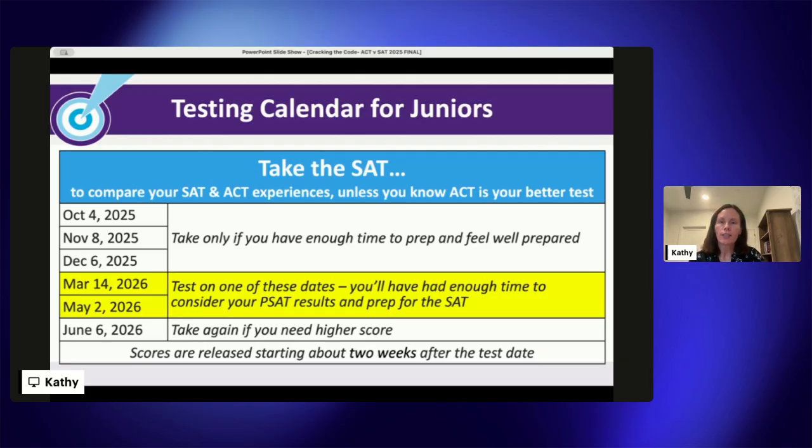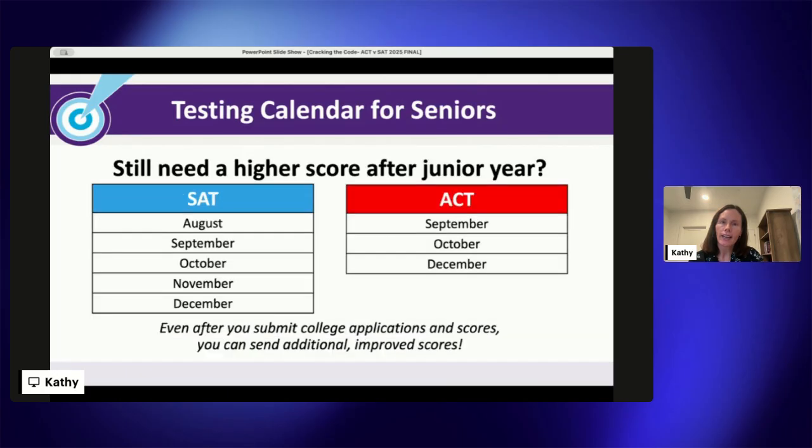And then for seniors, so if you still need a higher score after taking your junior year test, you do have some options in your senior year. So for the SAT, you've got 5 options to take an SAT starting in late August through the beginning of December. And then the ACT offers sittings in September, October, and December.